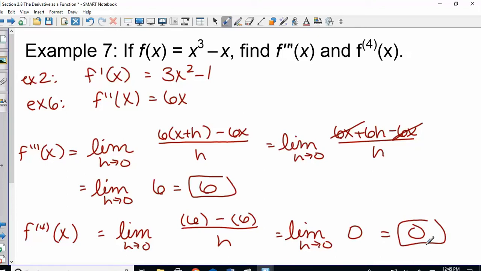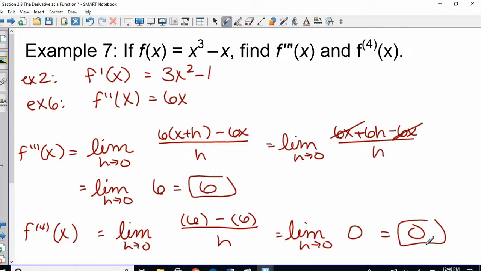So it just turns into a 0. And once you get to this point, any higher derivative is just going to continue to be 0. Again, not the case with every function that eventually turns into 0, but polynomials would if you did your derivative long enough. Are you okay, Emily? Yeah, good, thank you. You're welcome. All right. Is that okay with everybody?